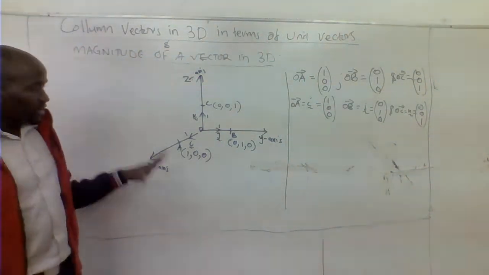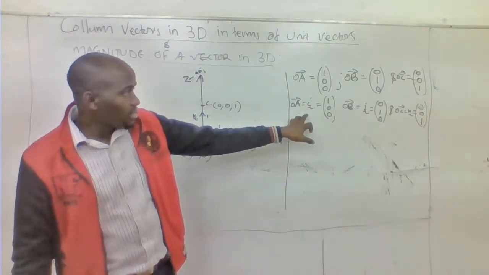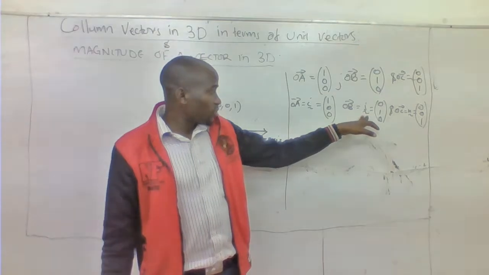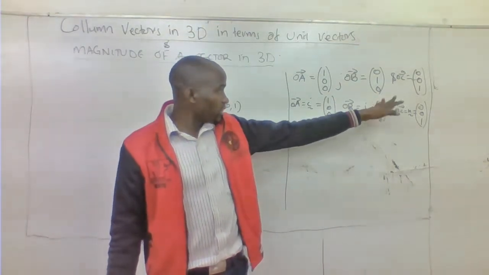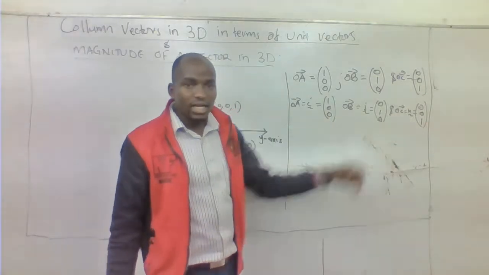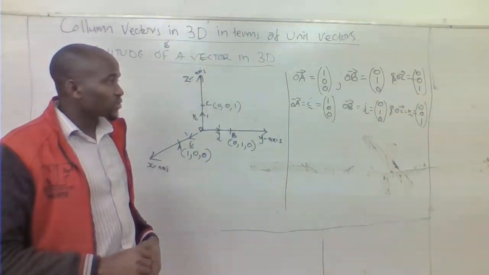That a unit vector in 3 dimensions will be represented by i, which is 1, 0, 0, then j along the y-axis, 0, 1, 0, then vector k along the z-axis, which is 0, 0, 1.